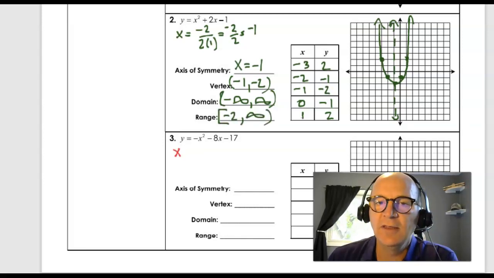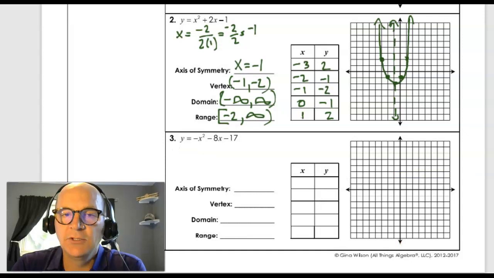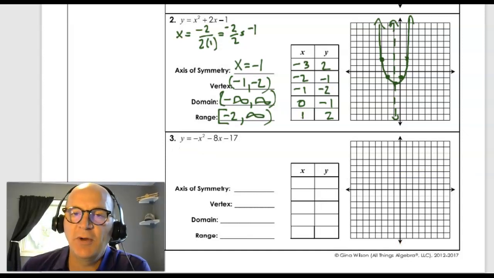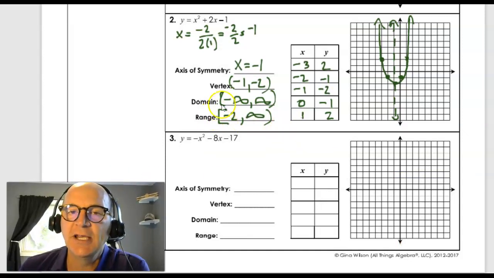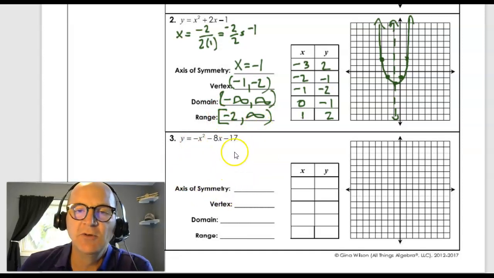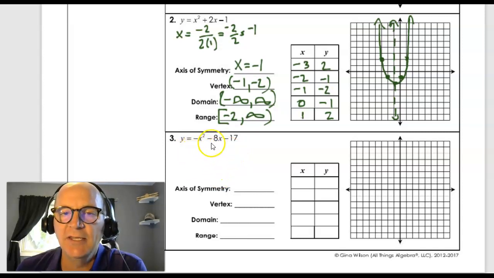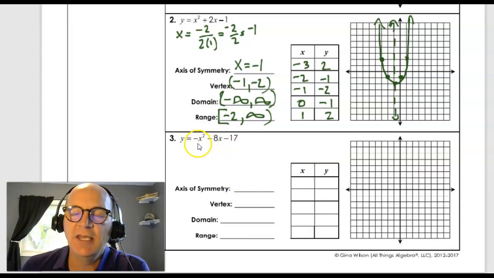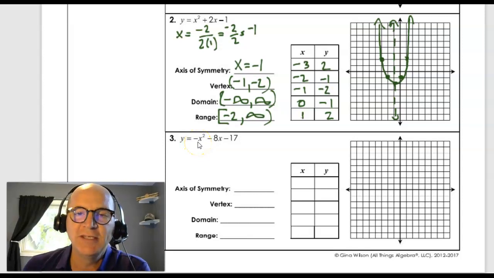So again, just remember that I put the bracket here because it includes -2 in the range, and that is going to give us the lowest point, and so the range is limited from -2 to positive infinity. So notice that the next quadratic in this example has a negative leading coefficient, which means that it is going to open down this time.